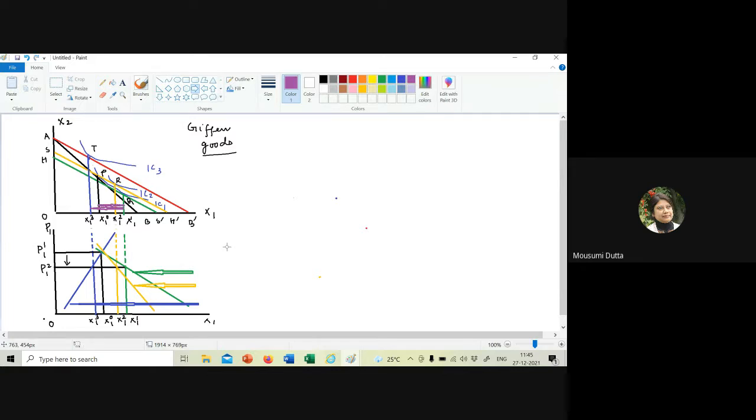The lesser is the volume of substitution effect, higher is the amount of income effect. So income effect is offsetting the substitution effect. Income effect is moving to the opposite direction and it is offsetting the substitution effect. So this part is for Hicks and for Slutsky substitution effect.